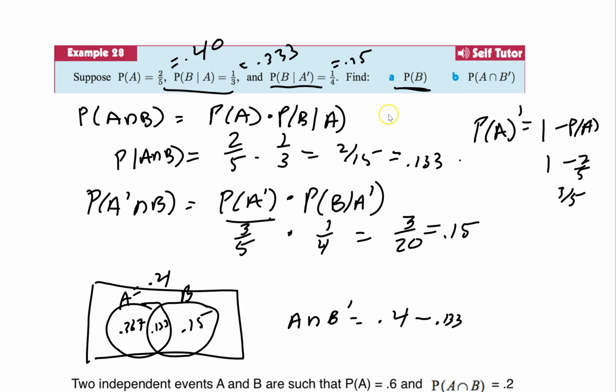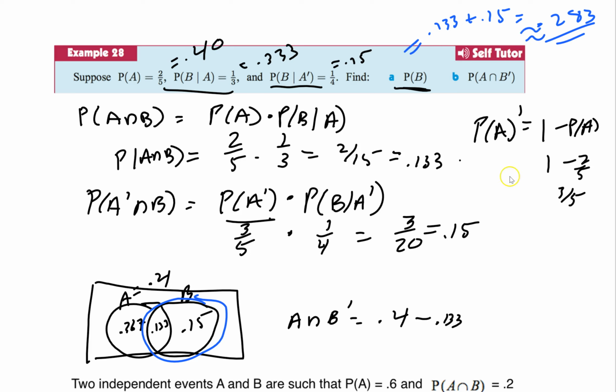Right, and if I want the probability of B, well, I have all of B right here. Remember, it's the whole circle, not just that little part. So now that I figured out what this part is, I have probability of B. That's just going to be 0.133 plus 0.15, or 0.283, roughly, approximately.